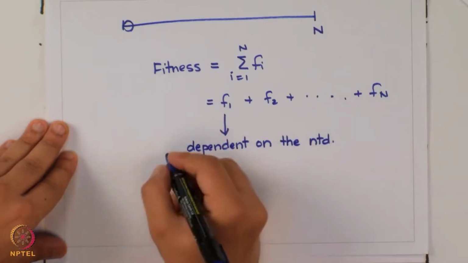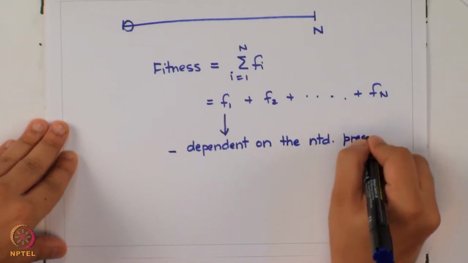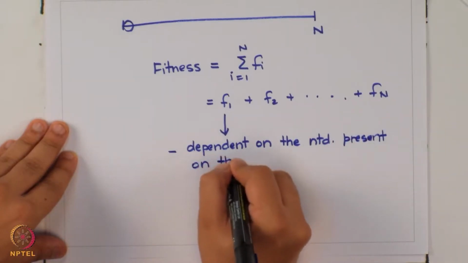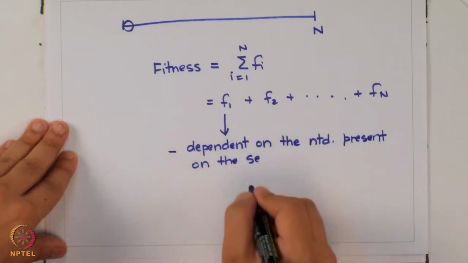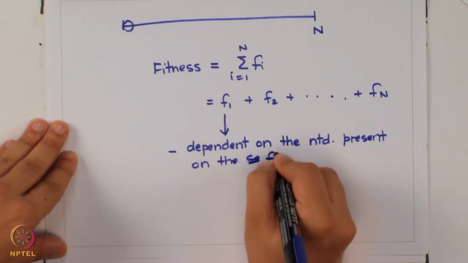F1 will obviously depend on the nucleotide present on, I'm sorry, F1 is the first position, so on the first position.